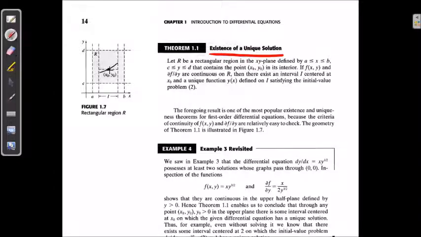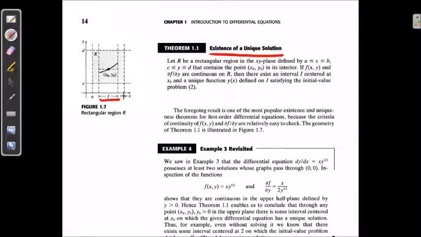Now in this region R, if f and ∂f/∂y are continuous, then there exists an interval centered at x0, and a unique solution y(x) is defined on this interval, satisfying the initial value problem.